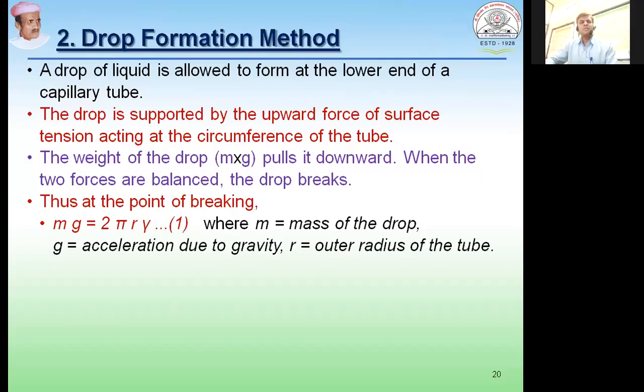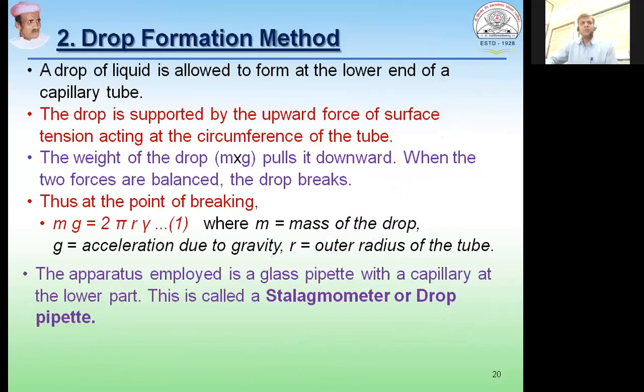And this becomes equal to the circumference of the capillary from which it is coming out times the surface tension of that liquid. Here in this equation, m is the mass of the drop, g is acceleration due to gravity, and r is the radius of the tube.